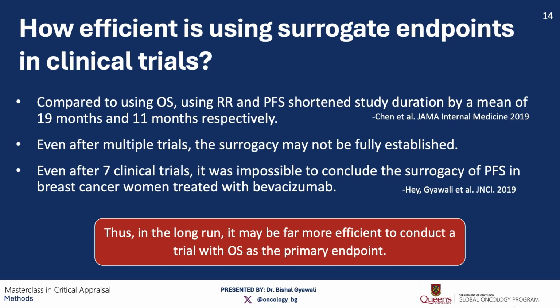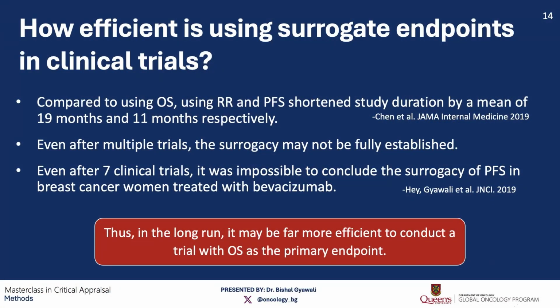Now, this is some time saving, but it's not like forever that people think it is. As you can see, it's a little less than 1 year for PFS, a little more than 1.5 years for response rate, that the trial duration is shortened. But it's not like 4, 5, 6, 10 years that people think it will take for overall survival results to be announced. So there is some time saving, but not by much.